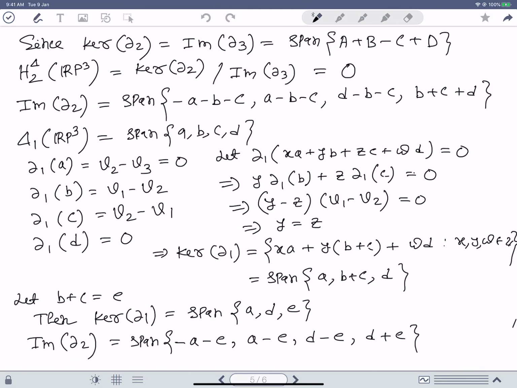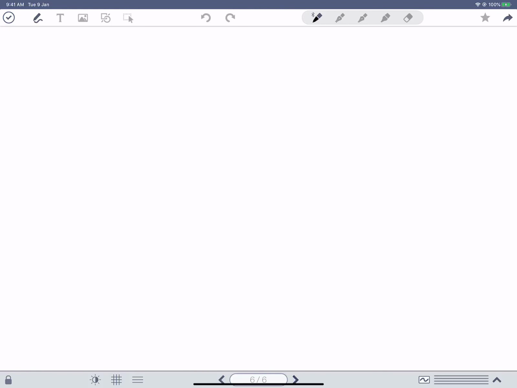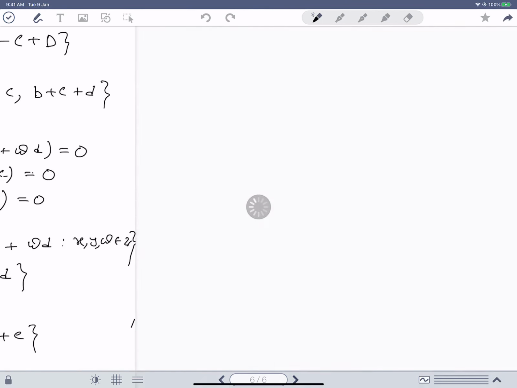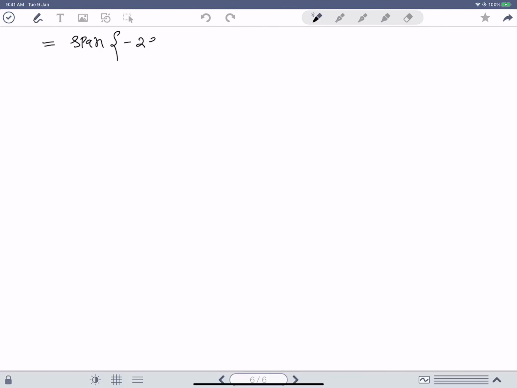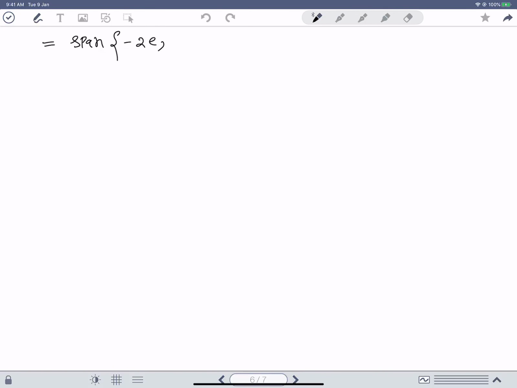Now if you take the summation of first two and the summation of last two in two places, then it will be equal to span of, so first take these two, summation of these two, so it will be minus 2e, comma a minus e.